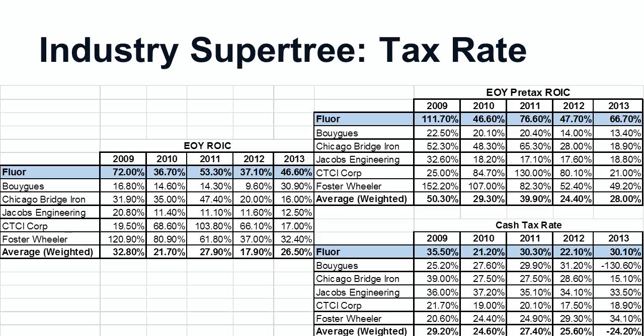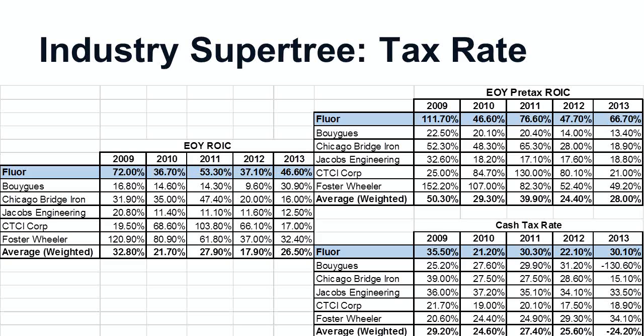Next, we're going to talk about the drivers of the ROIC. First, the tax rate. Both Fluor and the industry saw decreased tax rates during this 5-year period. But since pre-tax ROIC and end-of-year ROIC also decreased during this time, we determined that tax rate wasn't a main driver of ROIC.